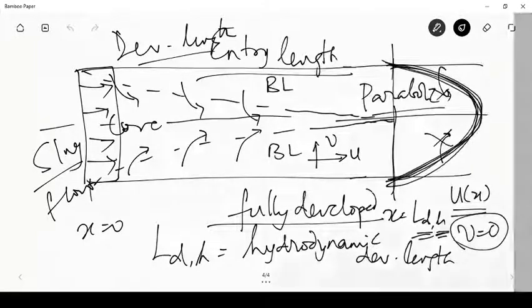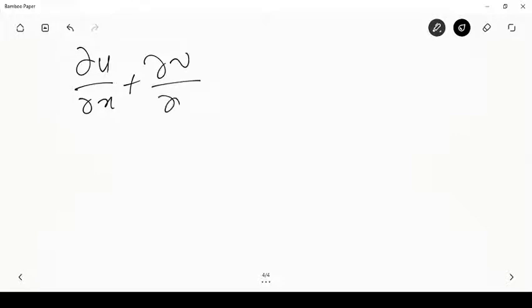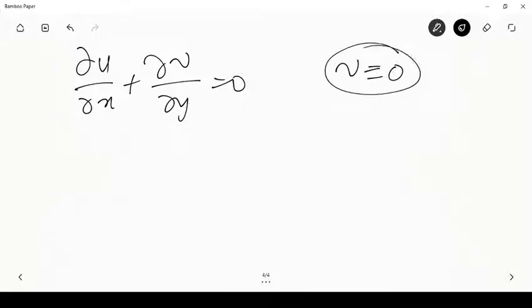If I go back to the governing equations, if I write del u by del x plus del v by del y equal to 0, which is the continuity equation, or the equation for conservation of mass, for two-dimensional flows. In this, if I write the orders of magnitude, then v becomes identically 0 in the region beyond the fully developed region.